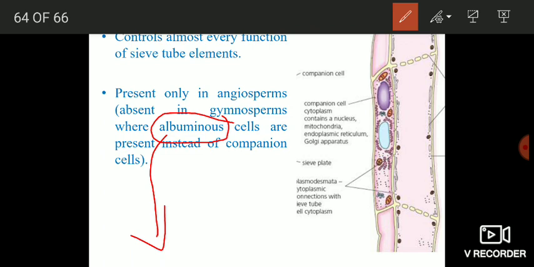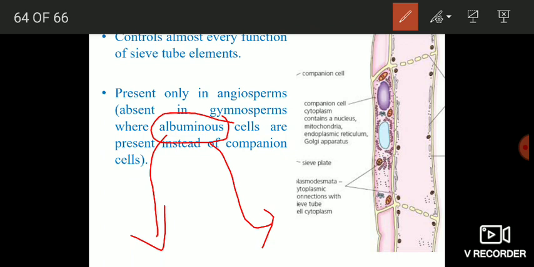The main difference is that while the companion cell and sieve tube element are derived from the same mother cell, in gymnosperms the sieve cell and the albuminous cell are derived from different mother cells.